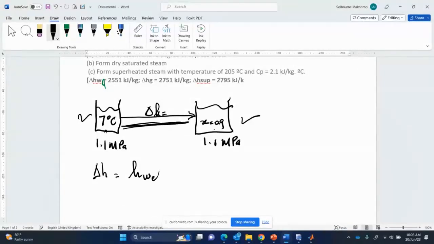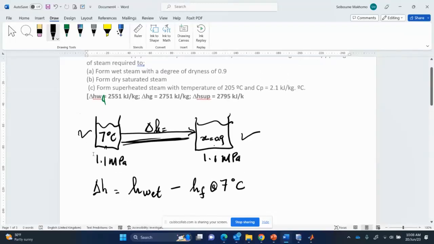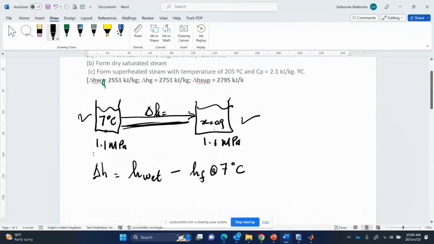So it's going to be H wet minus enthalpy HF at 7 degrees Celsius. That's what we are looking for. Now let's move on to the second one. I'll come back to that question in case we have problems with my system again. At least I've explained. This is A.